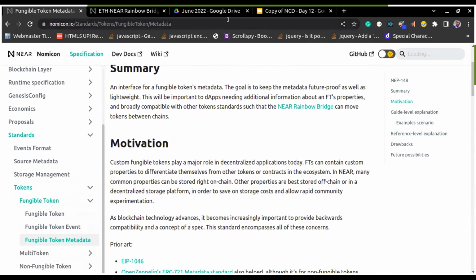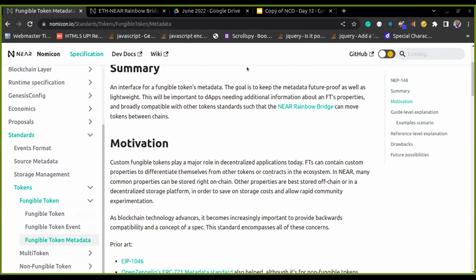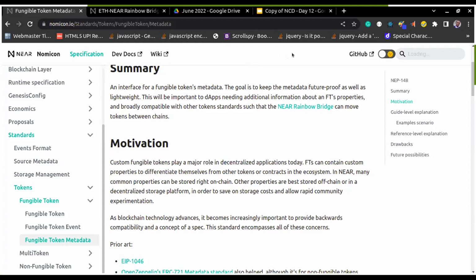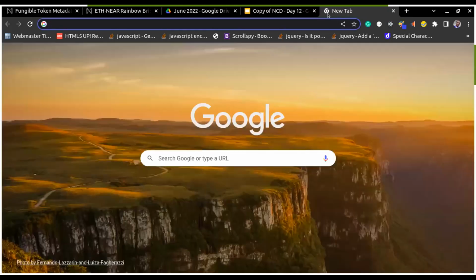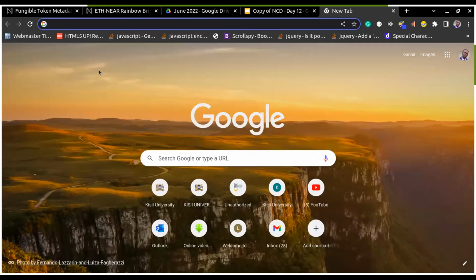So in our coming session, we'll go through a fungible token smart contract code and walk through all we've talked about today. Now, the good thing is that the NEAR protocol blockchain has availed a standards module.